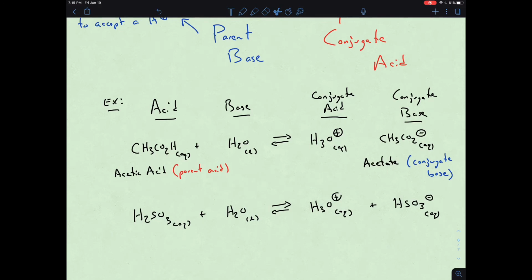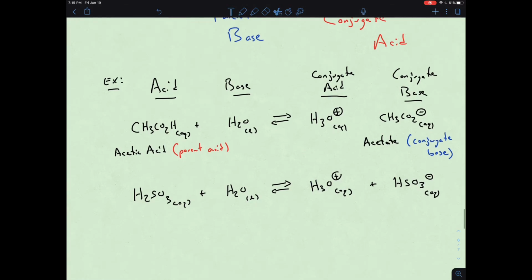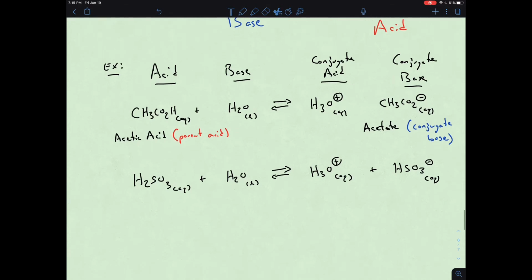But they're all lined up the same there in terms of that relationship of acid to base, and then conjugate acid to conjugate base. Notice that all we're doing really is loss of a proton. The starting material, the parent acid, is just losing a proton to the water.